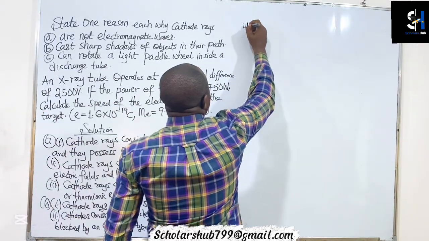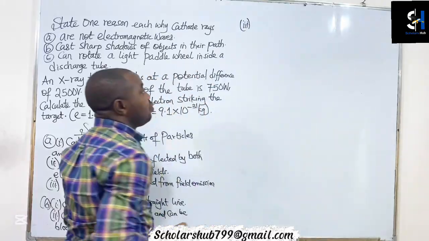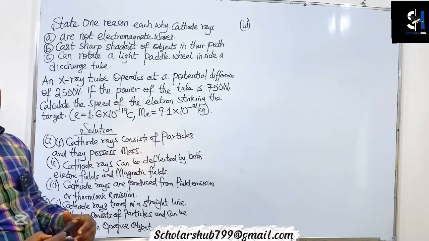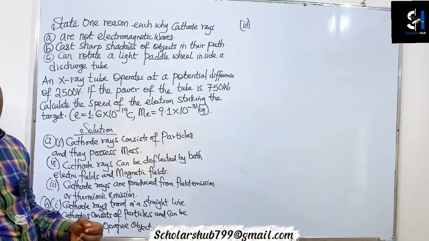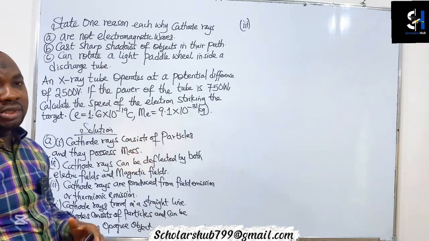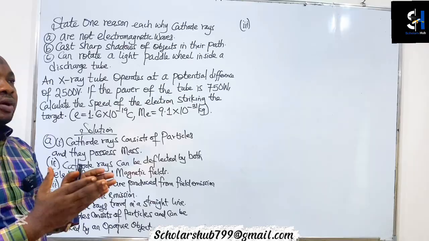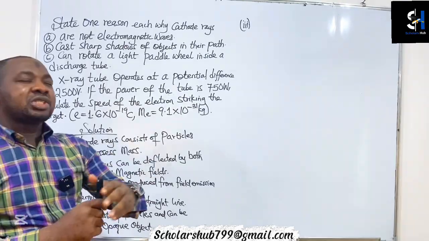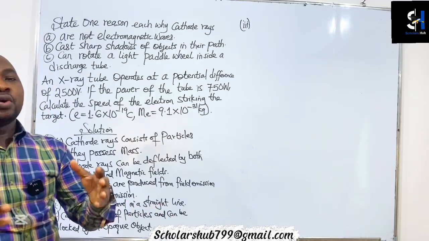Roman numeral 3. Now, another reason is that the cathode ray beam possesses high intensity, which creates a noticeable contrast between the shadowed area and the unshadowed area.